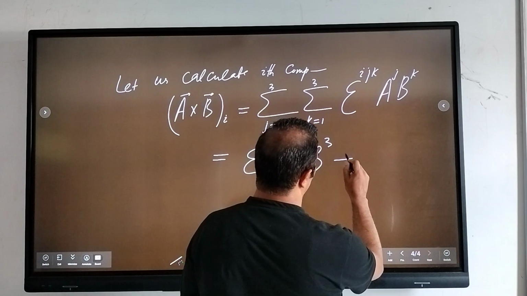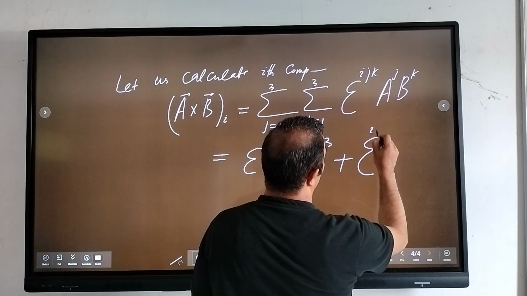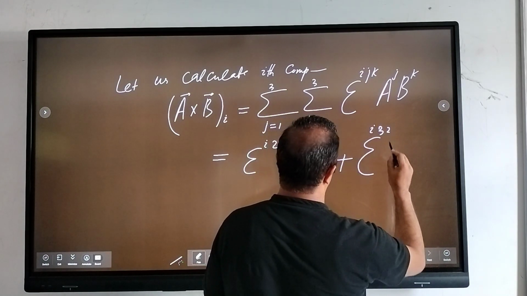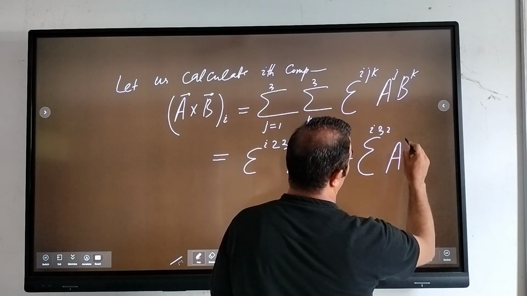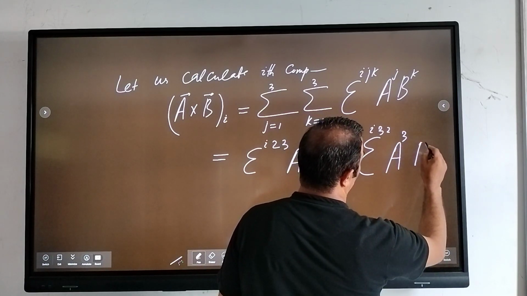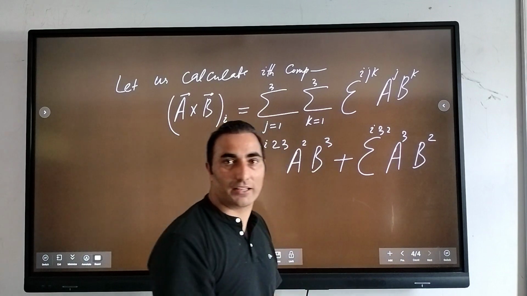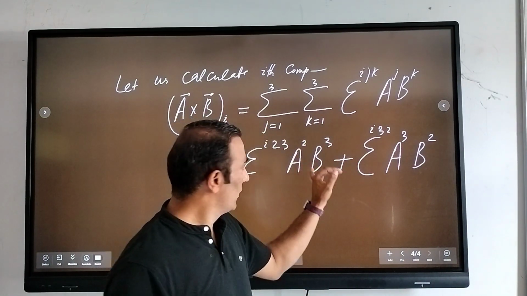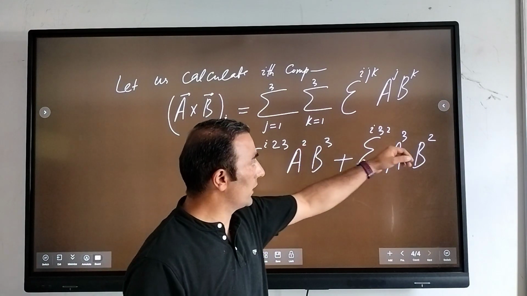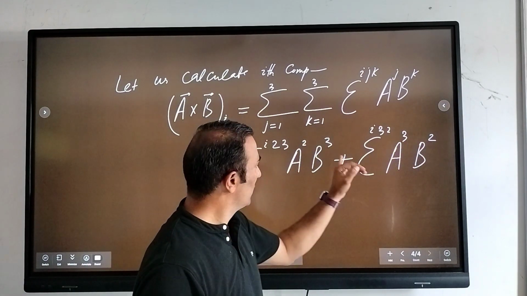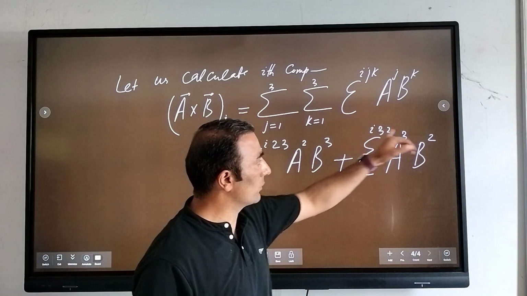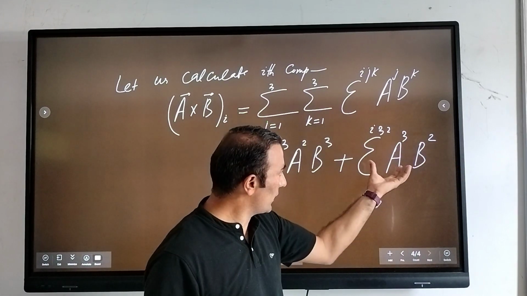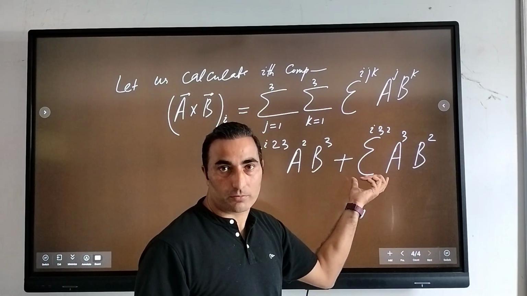So plus epsilon i 3 2 a3. So I think it is very clear, right? Because we can take both possibilities. Here there will be the y component of a and also the z component of a, right? Similarly, the z component of b and also the y component of b. So that's why I take both possibilities, right?